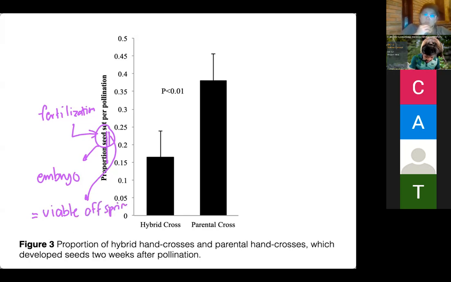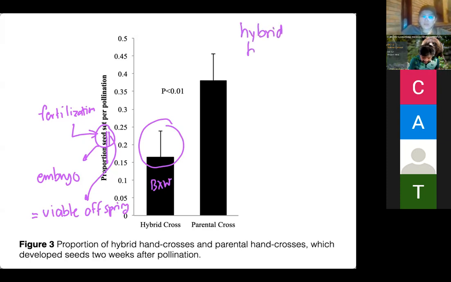And you can see here that the hybrid cross, when the brown sand mates with white sand, tends to produce less viable offspring. So this is a case of hybrid breakdown, actually, which only 3 of you chose. And the reason it's not hybrid infertility is because hybrid infertility would be that you get the seed, right?